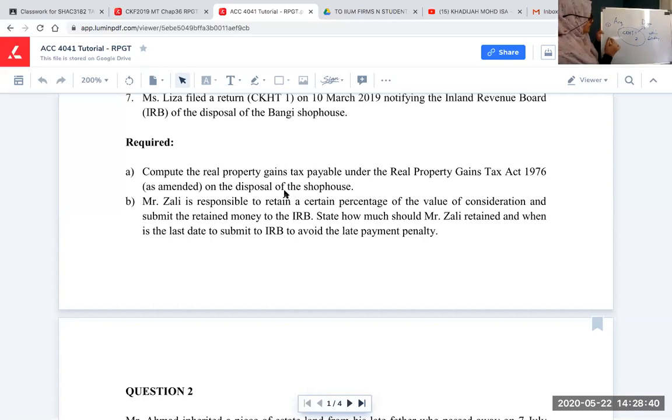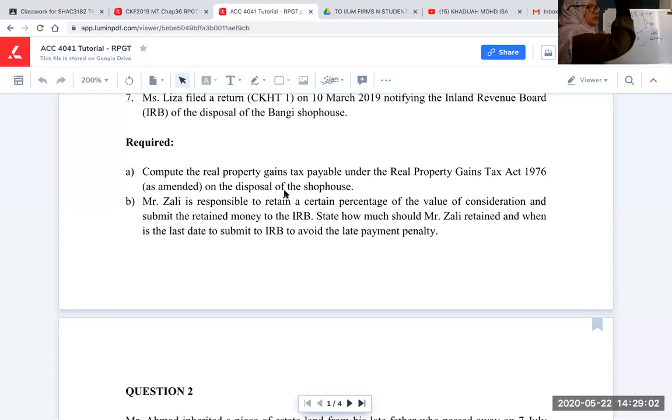Okay. Number two is that the law also requires the acquirer to retain berapa persen? 3%. Betul tak 3%? I rasa betul. 3% of disposal price.